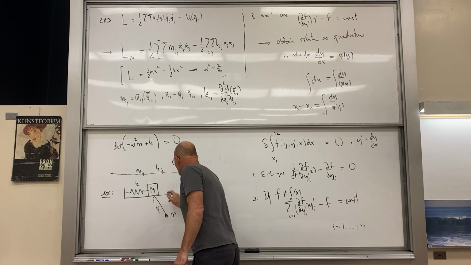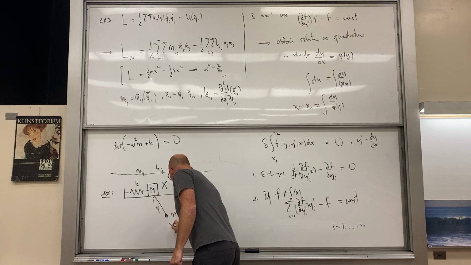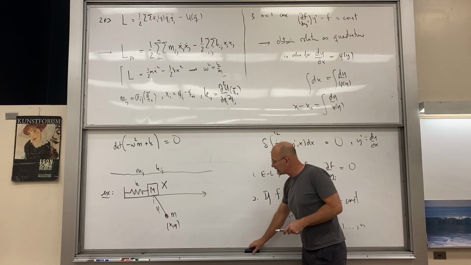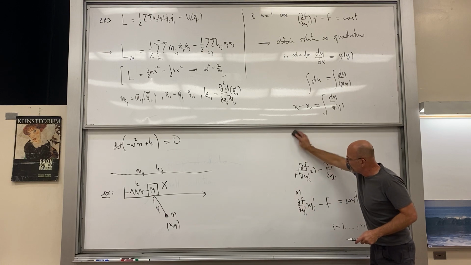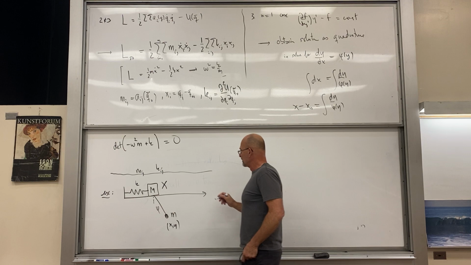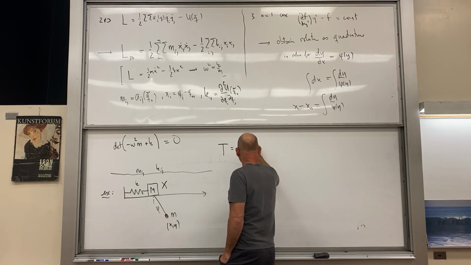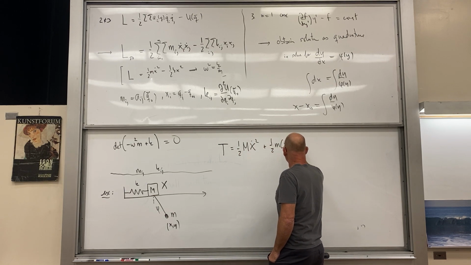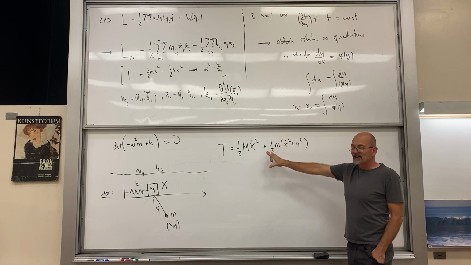And say you have an uppercase X here and lowercase x, y here. Remember, you have that systematic process to construct your coordinates. So you'd start with a kinetic energy of half m x dot squared plus y dot squared, uppercase and lowercase. But that can't go into the Lagrangian yet.